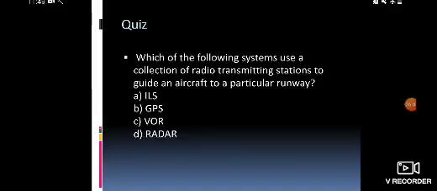The first option is ILS, the second option is GPS, the third one is VOR, and the fourth one is radar. So which system uses a collection of radio transmitting stations to guide an aircraft to a particular runway?